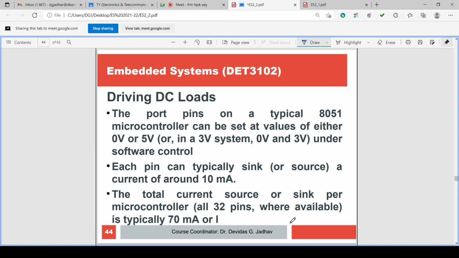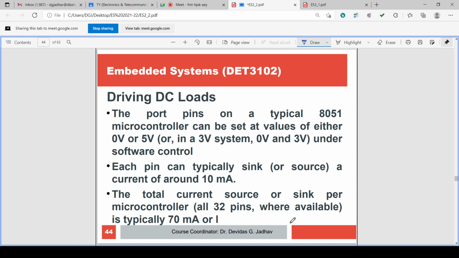Okay, from the external circuitry, current is taken inside the microcontroller through the pin. That is called sinking of the current. And sourcing of the current is from the pin of the microcontroller to the external circuit; the current is provided outside. That is called sourcing of the current.